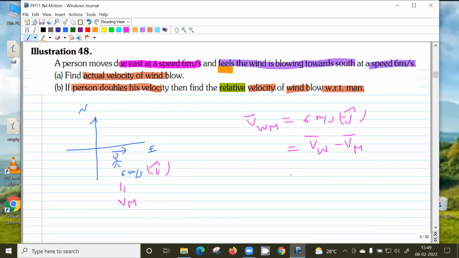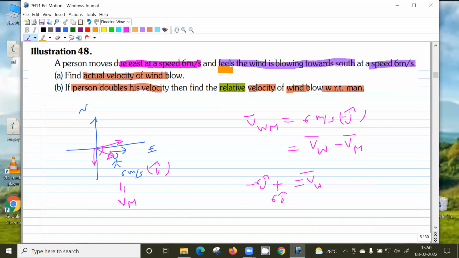So velocity of wind is minus 6 j cap plus 6 i cap. I cap is in this direction and minus j cap is in this direction. So the velocity of wind is like this, the actual velocity of wind with respect to the ground.